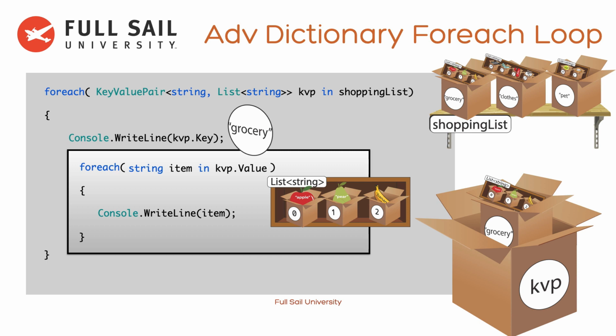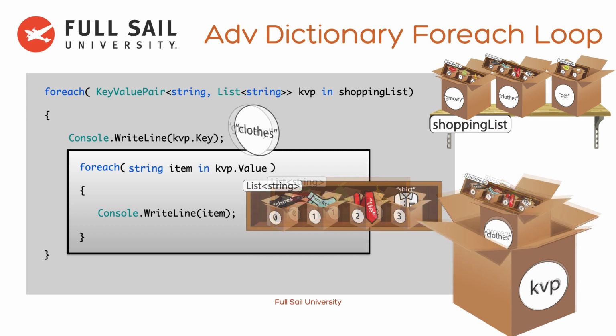That will stop, right? And then we come to the bottom of our for each loop on the outer one, and it's going to say, hey, I'm ready for the next key and value pair. So our key and value pair is going to go inside of our kvp variable, and that's going to be our close. So when we go inside of it and say console.writeLine kvp.key, now it's going to be a text string of close.